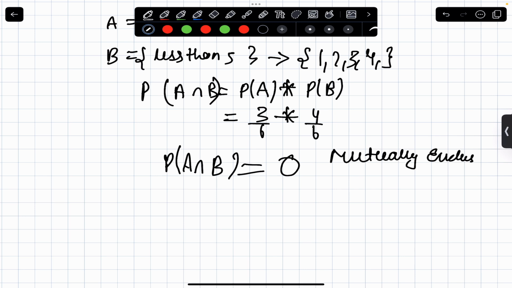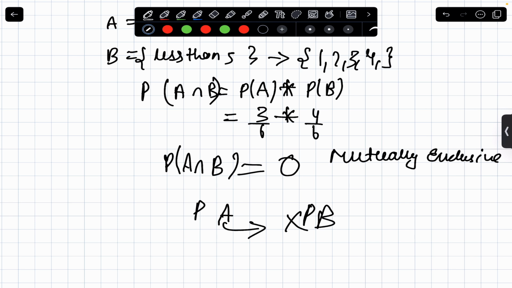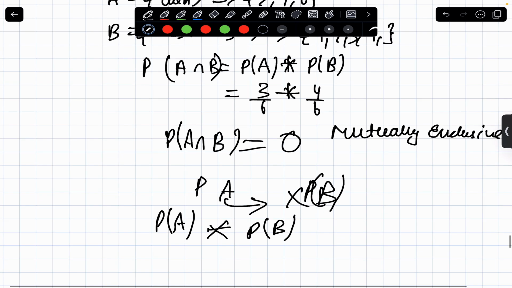And if the events are independent, they can occur at the same time, they can even intersect, but the occurrence of one does not affect the probability of the other, given that the first event has already occurred. If A occurs, it doesn't change the probability of B.